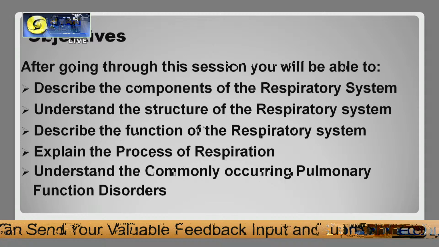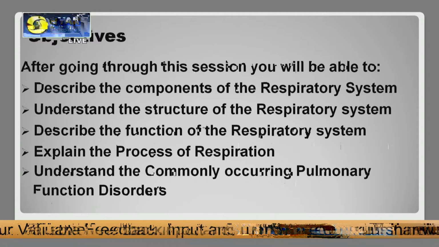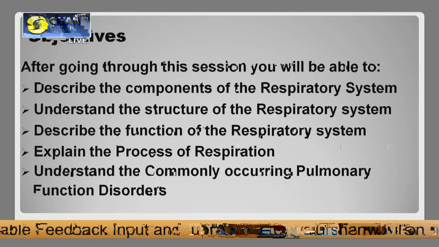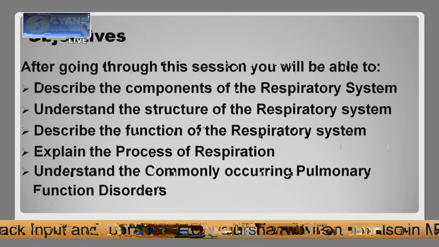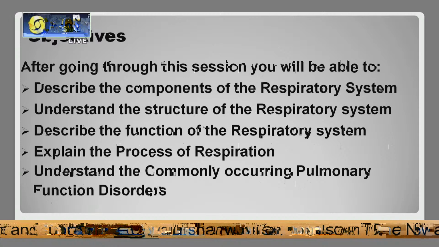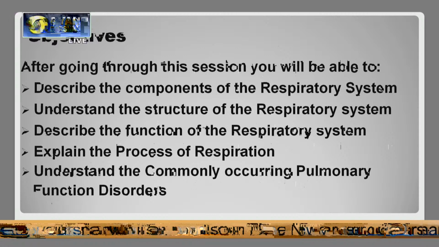As we all know, in humans the main organs responsible for breathing are present in the thoracic cavity. The thoracic cavity is formed by the rib cage and a dome-shaped tissue called the diaphragm. Inside this rib cage are the pleural membranes.